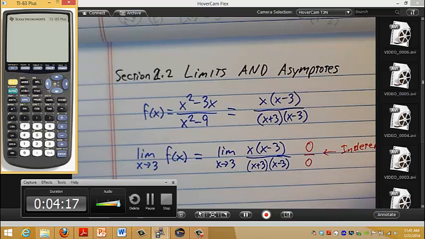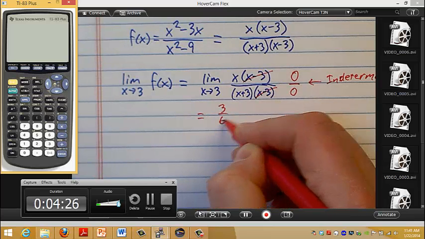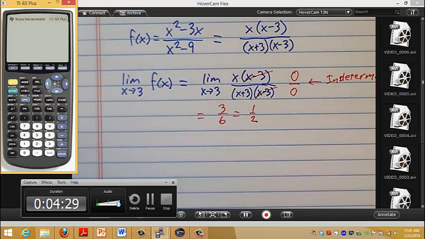Made me think, well, maybe I can do something. In this case, I can cancel the x minus 3's. I showed this last time, right? So we got a half. And sure enough, when I showed you guys the table last time, we saw that the values do get close to a half as you get close to 3. So that was maybe one of our first examples of a limit.